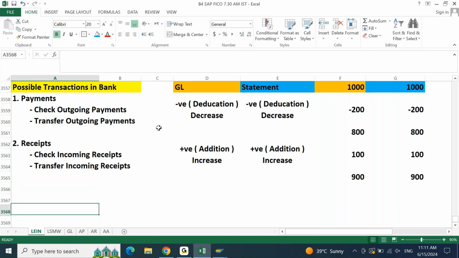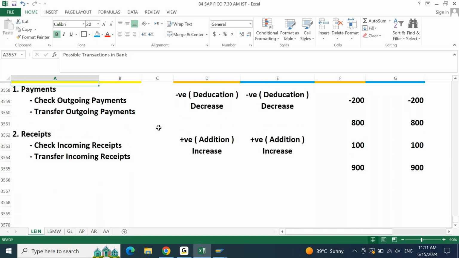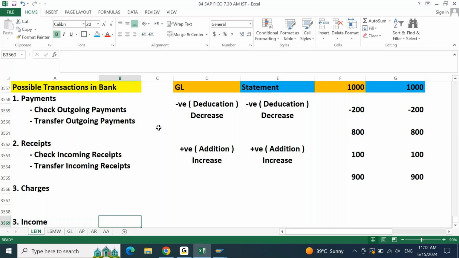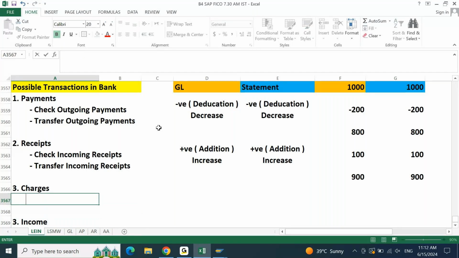Always remember these 2 points, plus and minus. Third one, let's say, bank charges. Fourth one, your bank incomes. Now, if you're talking about bank charges, this is only one kind of, I'll say, bank expenses, late fee, interest expense, etc. Similarly, when you're talking about income, same thing.